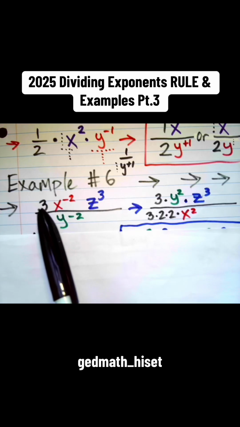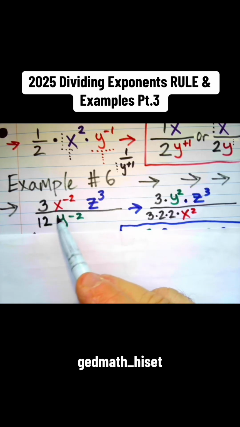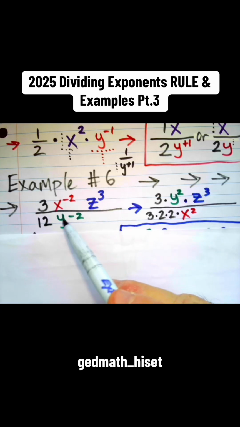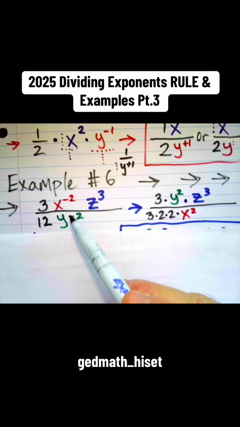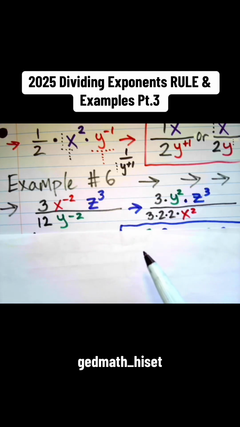Expanded form. So, again, that x to the negative 2, we would just flip it, and that makes 1 over x to the second power. Right? 1 over y to the negative 2, we flip it. That y to the positive 2 comes on top. That 1 is on the bottom.